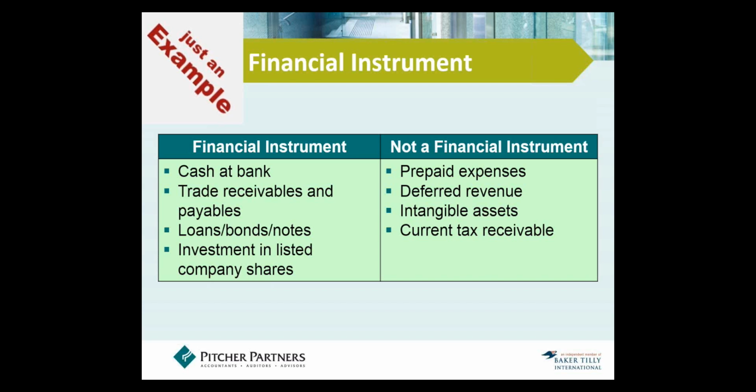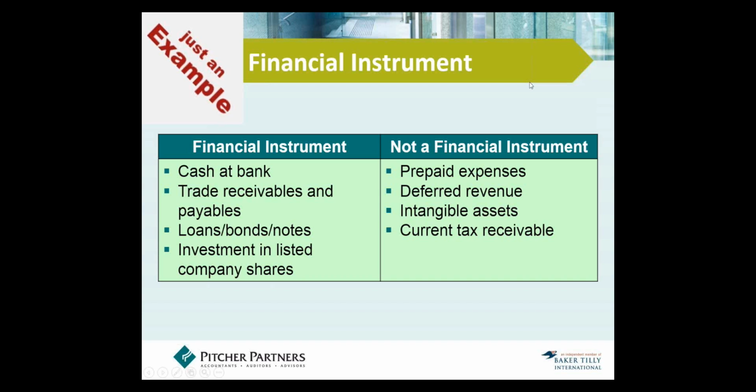The last one there is a current tax receivable. Current tax receivable, we would say it's not an agreement. It's legislation. So we don't have a choice. So tax receivables are also not a financial instrument because it's in terms of legislation.